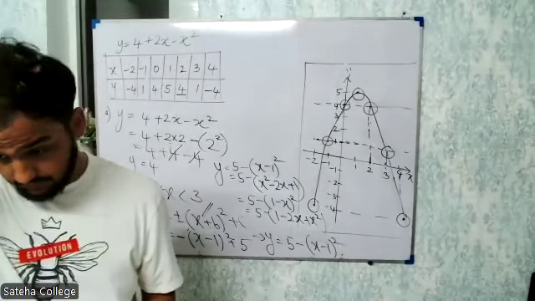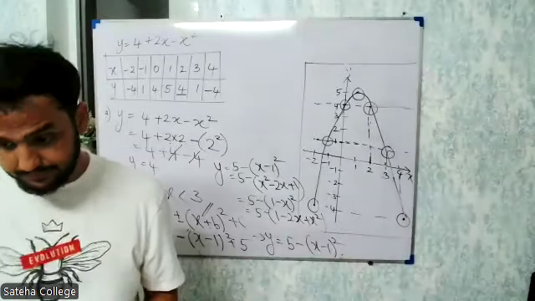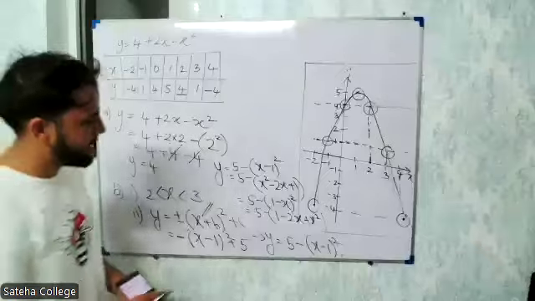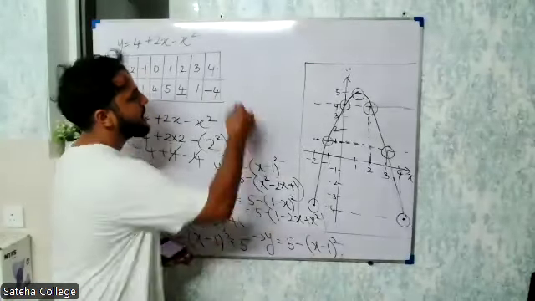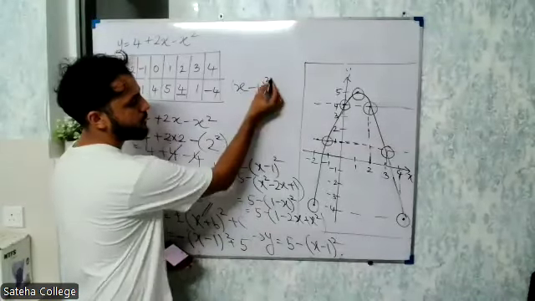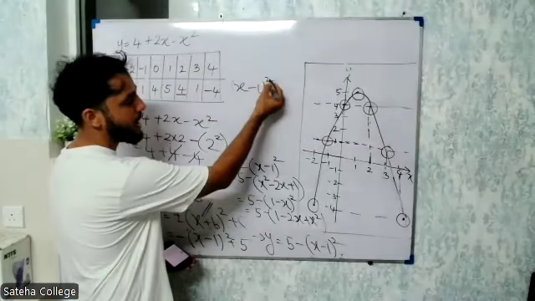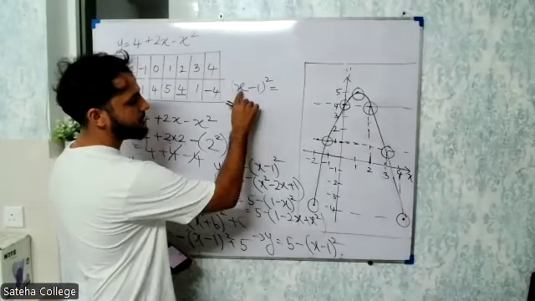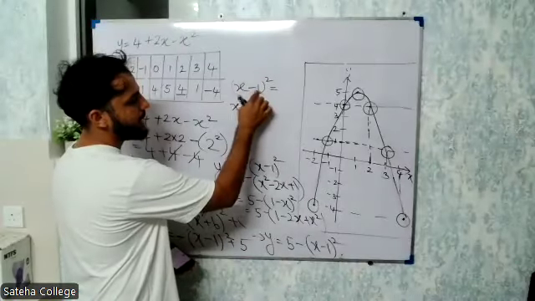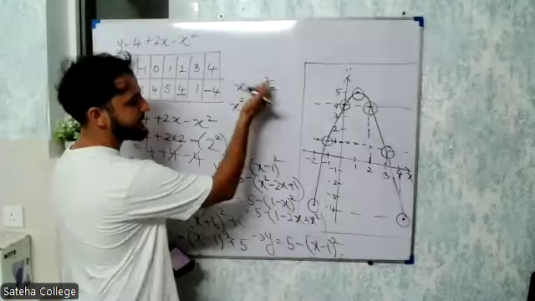Now here, if you open the bracket, (x minus 1) squared is a perfect square, the square of a binomial expression. We have three terms. Square of the first term, x squared. What is the second term? Multiply both of them together, minus x.